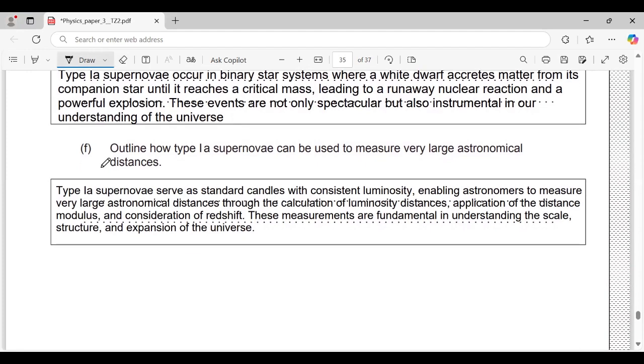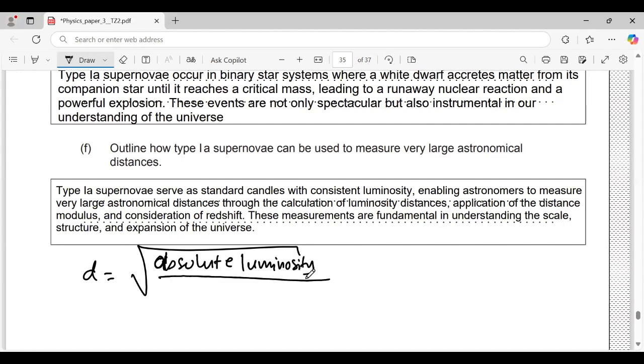I'm going to write the formula here: the square root of absolute luminosity over 4 pi times apparent brightness. So that is the formula.